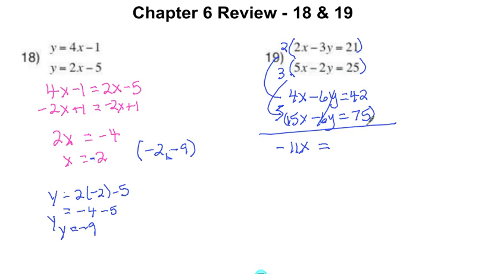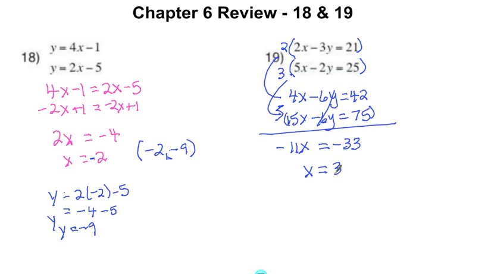So let's see here. 42 minus 75 equals negative 33. So that means that my x has to be 3. Make sure I did that right.